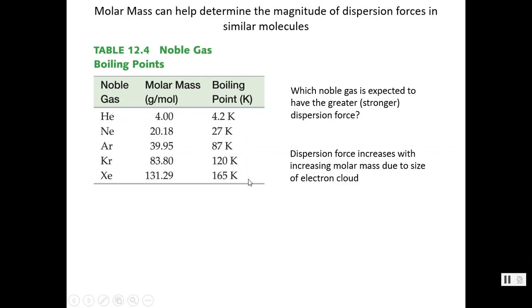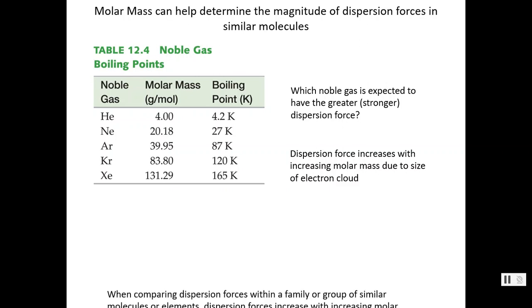Looking at these boiling points, it takes more heat to get xenon in the gaseous phase than krypton. That's because xenon has greater dispersion forces that must be overcome to get that species to the boiling point.